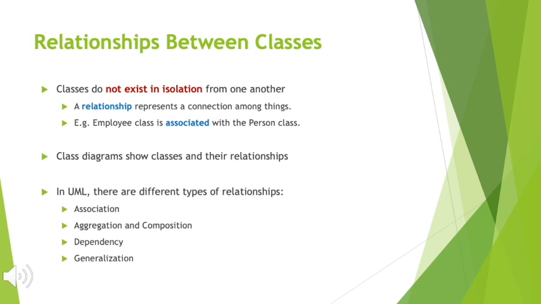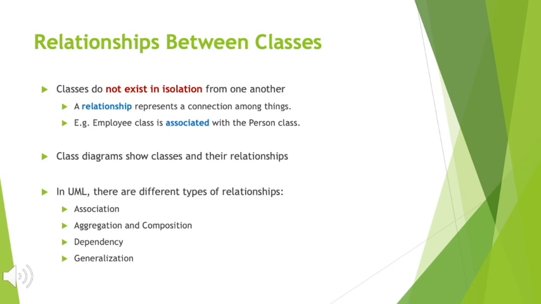You have to show the relationships that represent the connections among things. So if you have three classes for your system, for your project, you have to show all three classes in your class diagram. For example, if an Employee class is associated with the Person class, you have to show this in your class diagram.